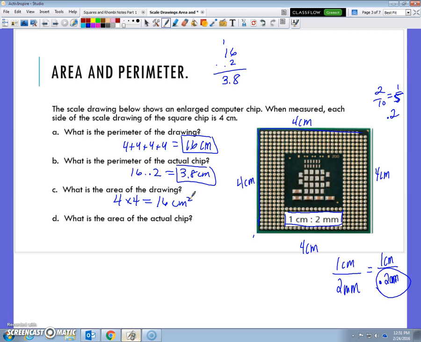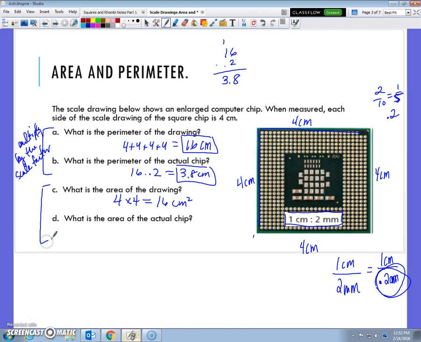Okay, now the area of the actual chip has a different relationship than the perimeter. I can't just multiply this scale factor here by 16 and get my area like I did with perimeter. They have different relationships. So for perimeter, multiply by the scale factor.